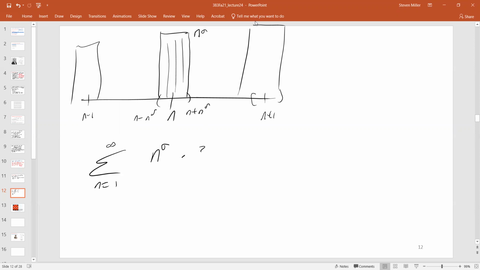The base is 2 n to the delta, right? And you want to calculate the L2 norm. And so if you want the L2 norm, I would have to take the height squared for the L2 norm, right? Yes or no?